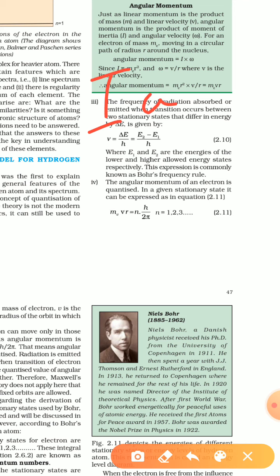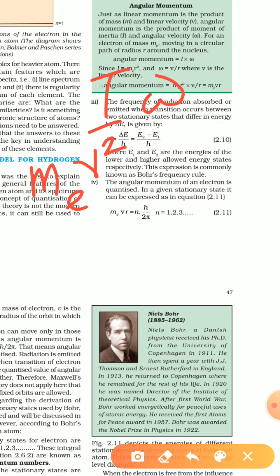Here, if we consider the mass of an electron, me, the moment of inertia will be me r square.